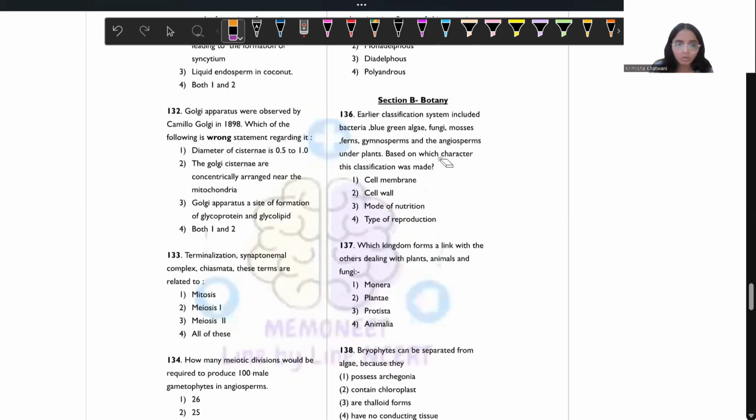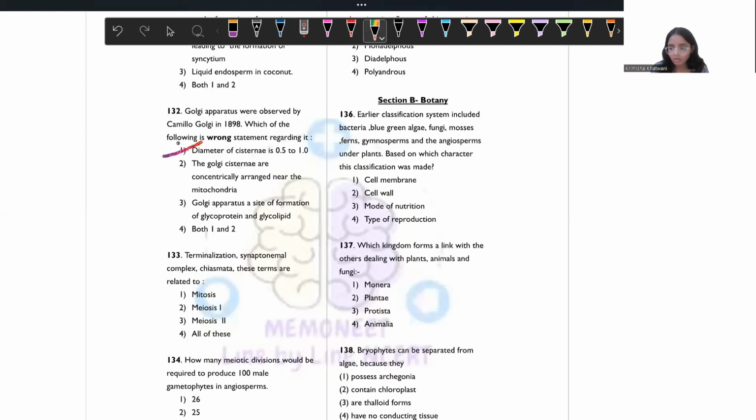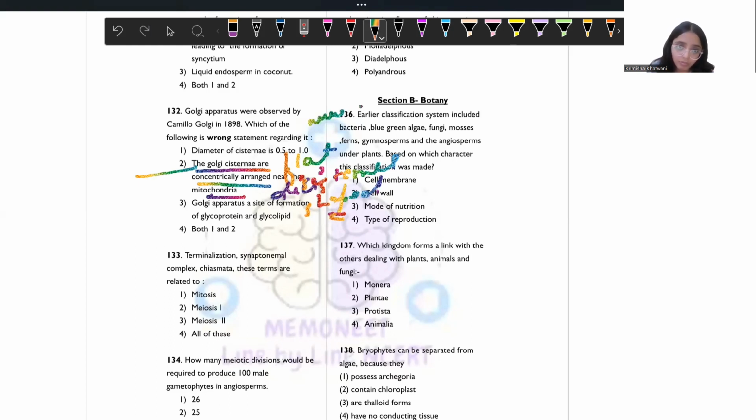So the answer to this question is option 1. Understood? Sorry, the answer to this question is option 2. They contain flat cisternae, which are disc shaped and arranged like a sac.